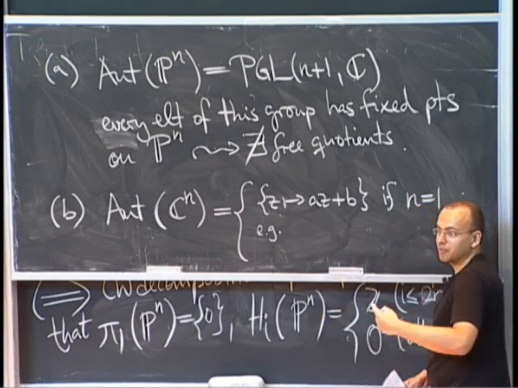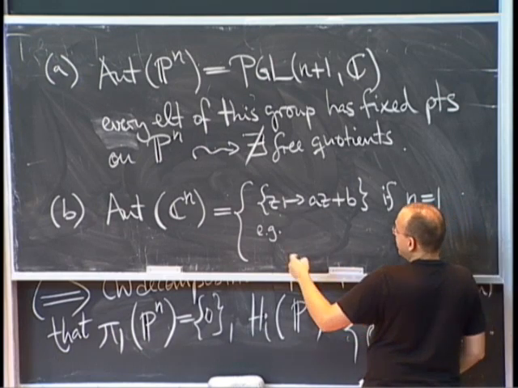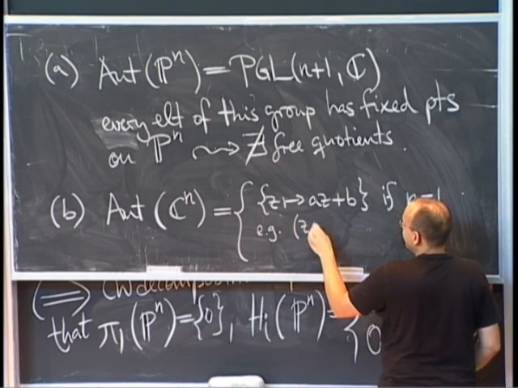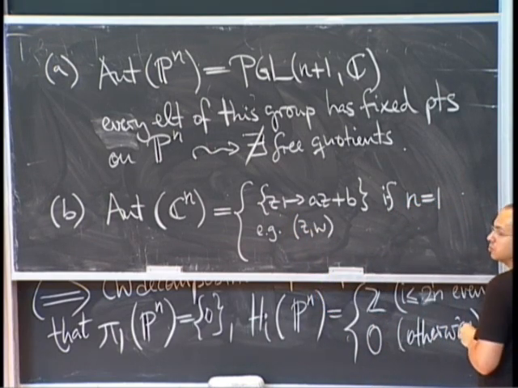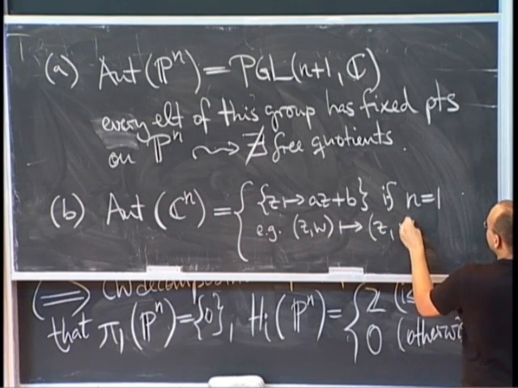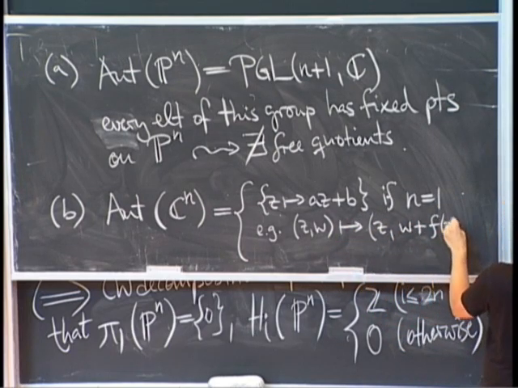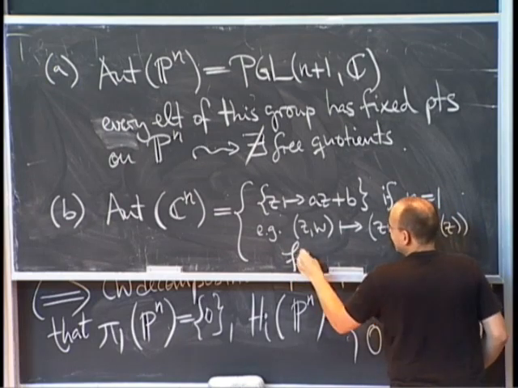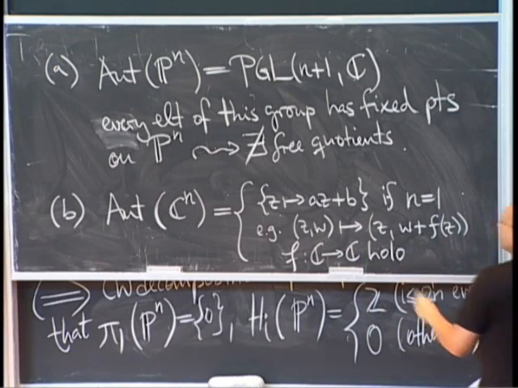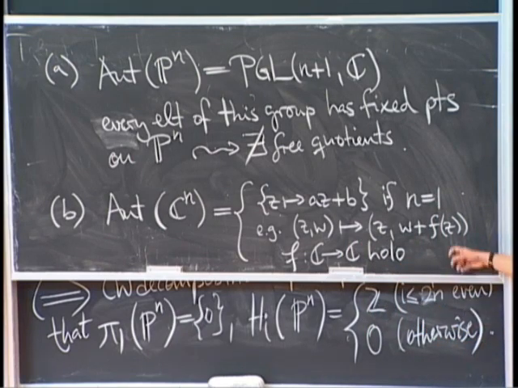Every complex linear map is going to be an automorphism, but you have much more complicated things. For example, if you take in 2 dimensions, you could do something like (z, w) goes to (z, w plus f of z), where f is any holomorphic function on C. So it's almost obvious that that thing is a biholomorphism of C2.